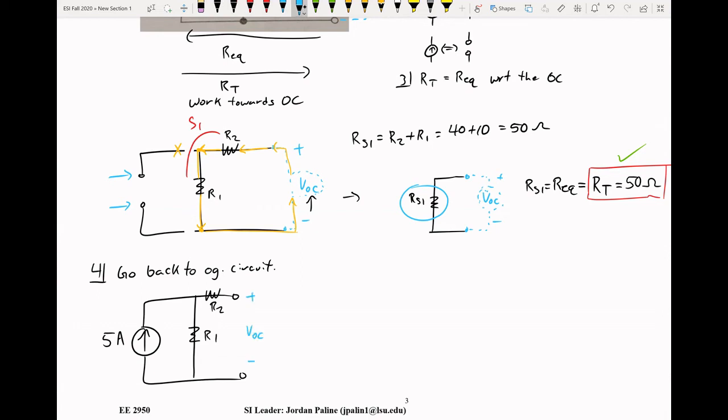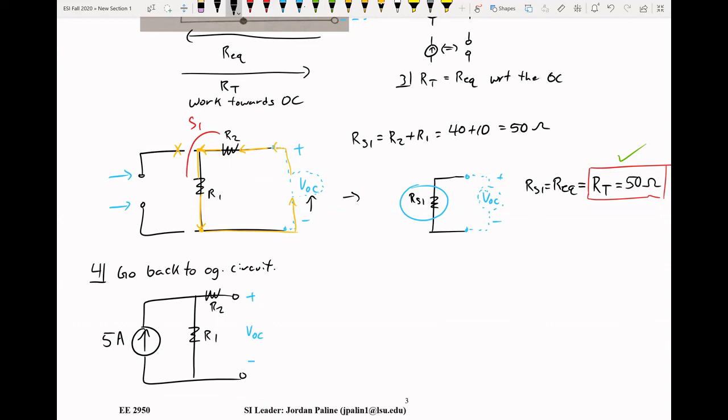If we look at our original circuit, we see that VOC isn't connected to anything. However, it's still in parallel with R1. So if we can find the voltage across R1, we can find V Thevenin.